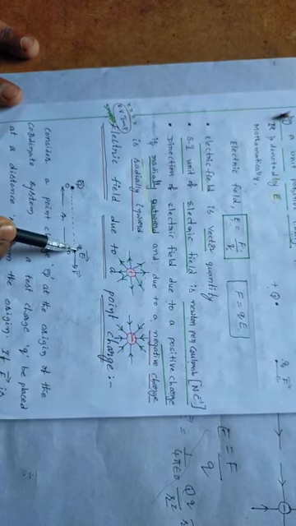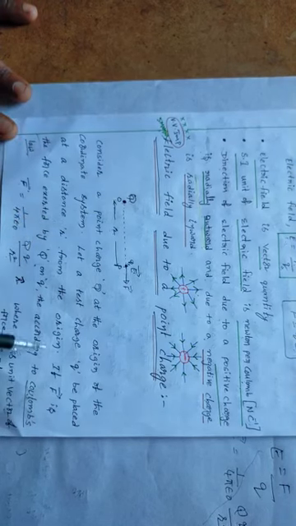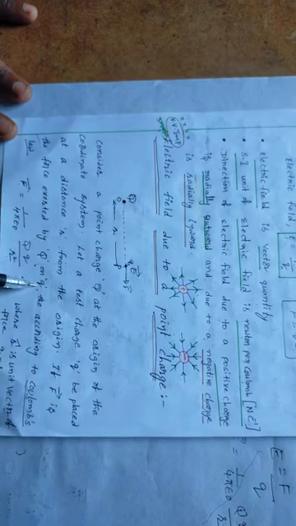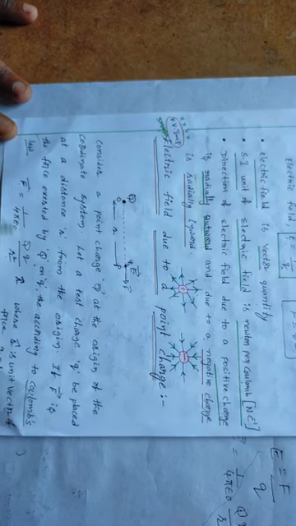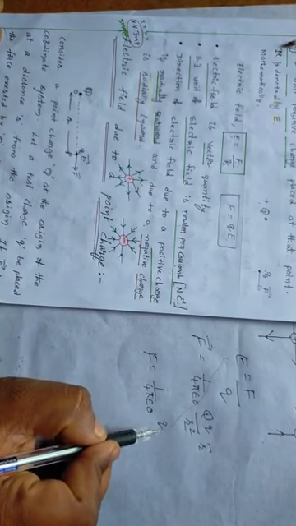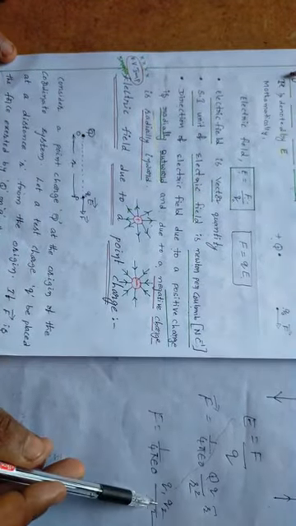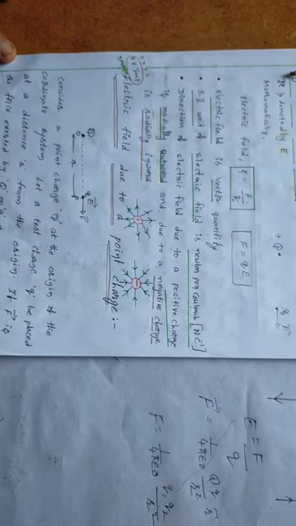Now if F bar is the force exerted by capital Q on small q, then according to Coulomb's law, F equals 1 by 4 pi epsilon naught q1 q2 divided by r square. Instead of q1 I am taking capital Q, and instead of q2 small q. Now this is the force.